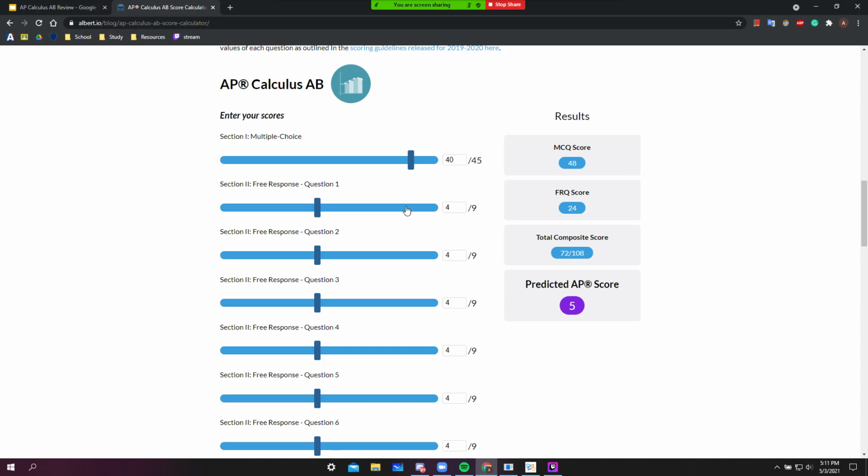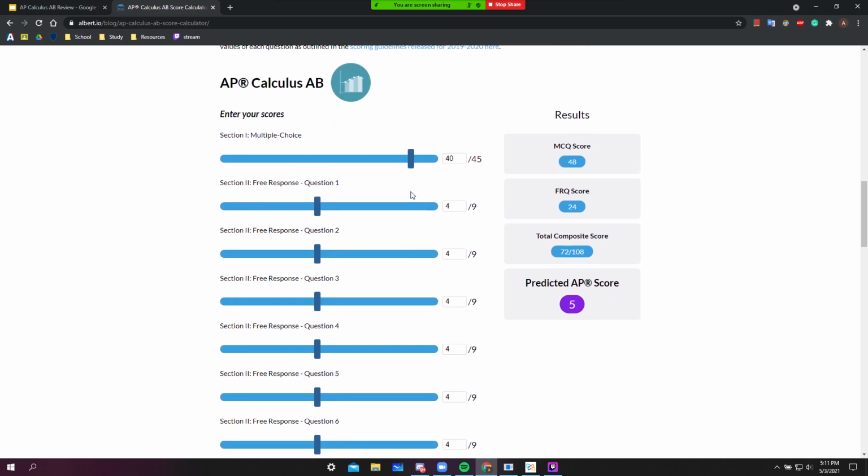Let's say you got a 7 out of 9 on one. If you do really well on one FRQ, you can bomb another. Basically, let's say you did really badly and got a 20.